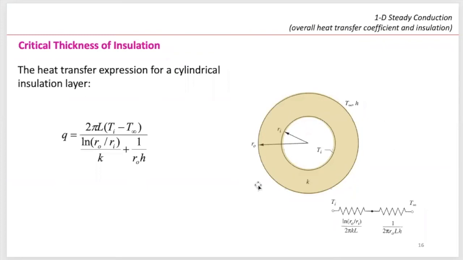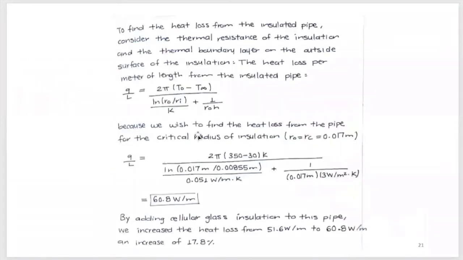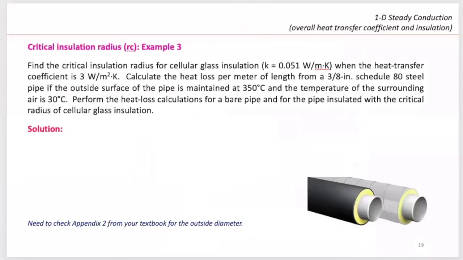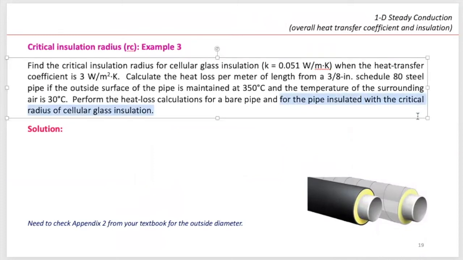So this is the equation we are going to use, but we are going to do calculations with the critical insulation, which means that we are going to replace r naught in our formula by rc, the critical radius. Why? Because the problem says so: perform heat loss calculation for the pipe insulated with the critical radius of cellular glass insulation.